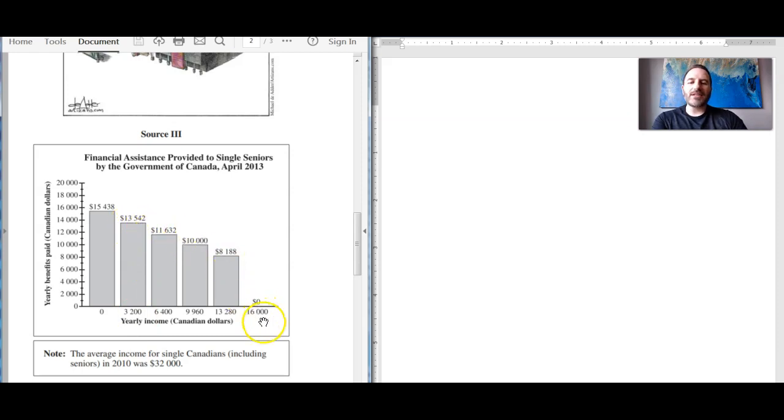If you're a senior that makes over $16,000, you get no income support from the government. Now, I don't know what you guys know about the cost of living in the world today, but $16,000 doesn't cover very much, right? Groceries, heat, gas for your car, medication, which many old people are on.